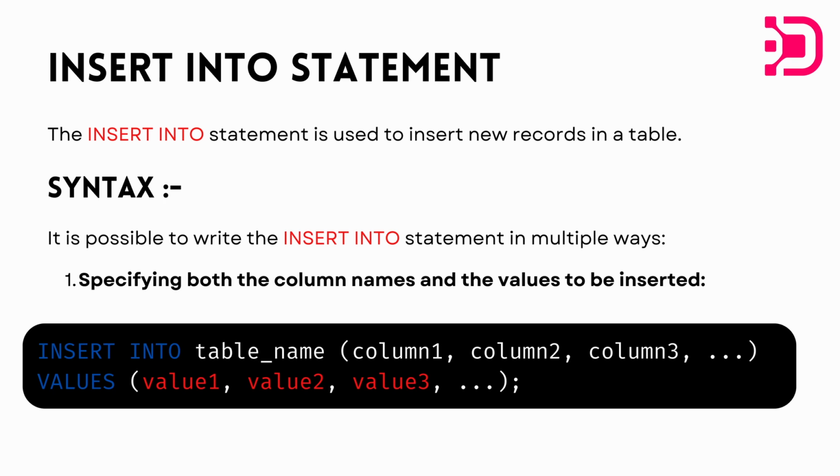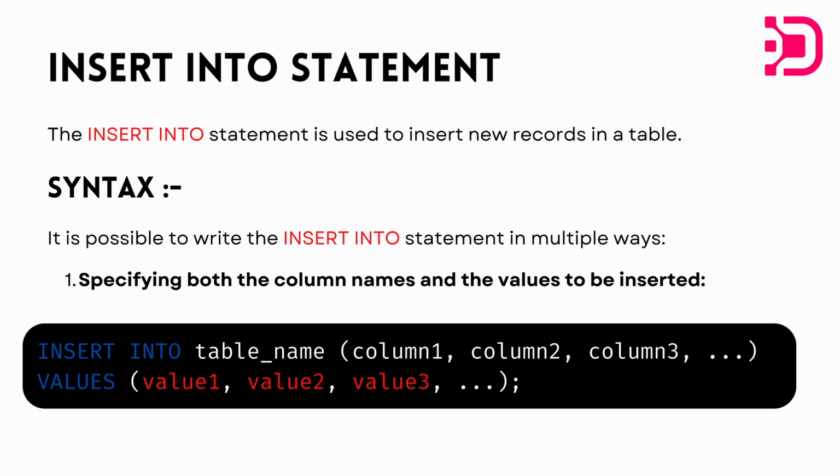In this first variant, we specify both the column names and the values to be inserted. Looking at the syntax, we've got insert into table name, and after the table name, we use brackets and write down the list of all the columns in the table whose name we have given there, which is the table that we want to insert data into.